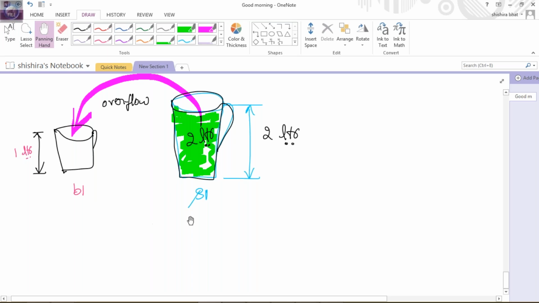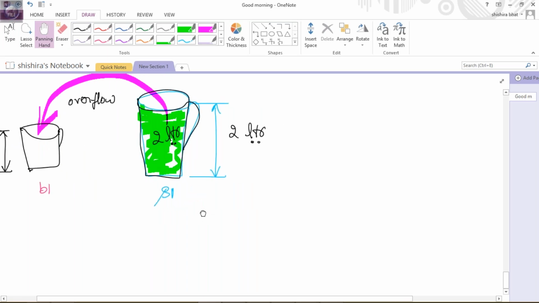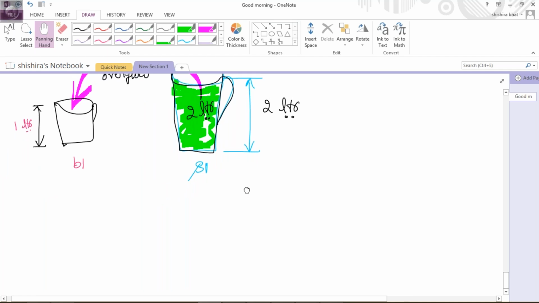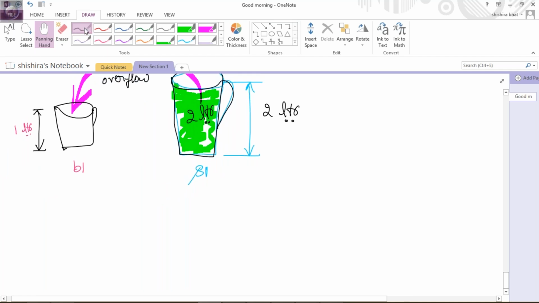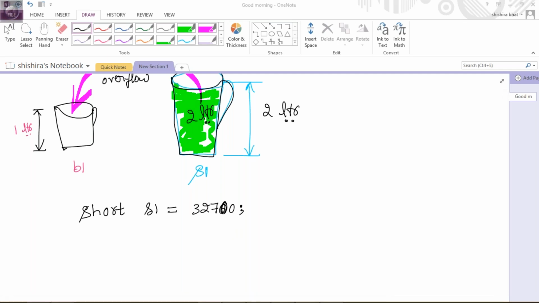Now, let me explain this concept to you with one program. I have a variable called short S1 equal to 32,000. What is the short capacity? 32,700, that's a capacity of short if I'm not wrong.